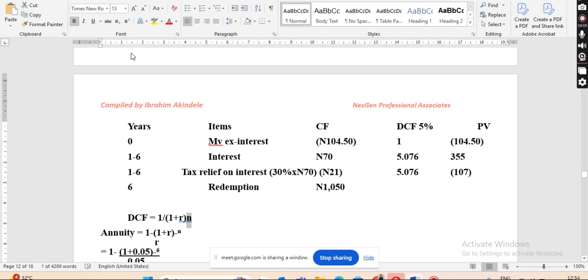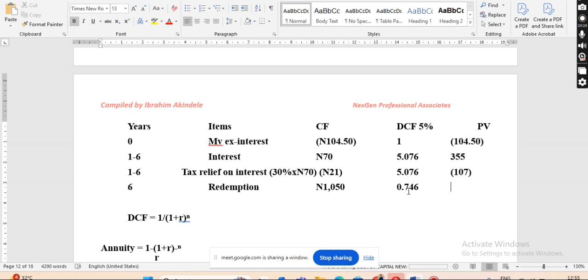You use this DCF because it is just for 6 years. Class, quickly, what do you have? 0.746. Okay, 0.746.